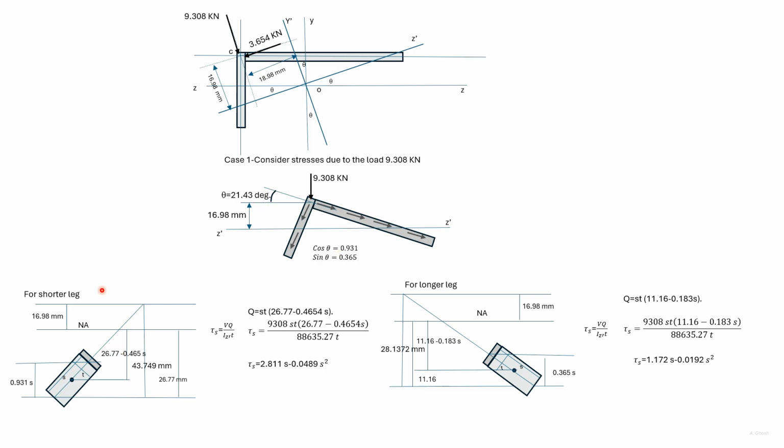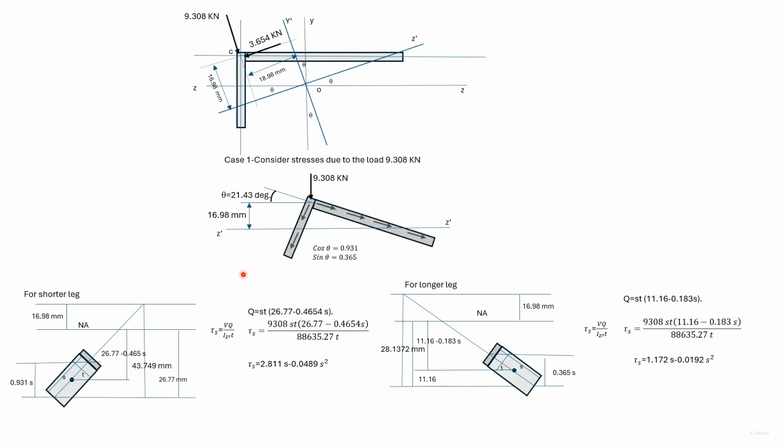Subtracting this distance, we get the distance of the neutral axis from the lower edge as 26.77 millimeter. This length is S, then the vertical distance is cos theta into S, so 0.931 S. This is the distance of the centroid of this portion from the neutral axis.